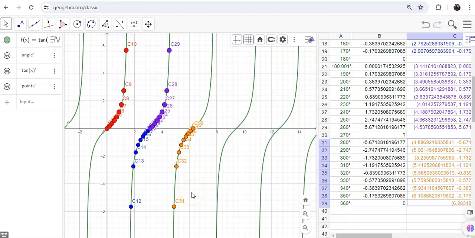And now we're going to add a slider from 0 degrees to 360 degrees in order to illustrate and visualize the movement of the data points of the tangent function from the first quadrant points to the fourth quadrant points. This would be beautiful, so please observe.